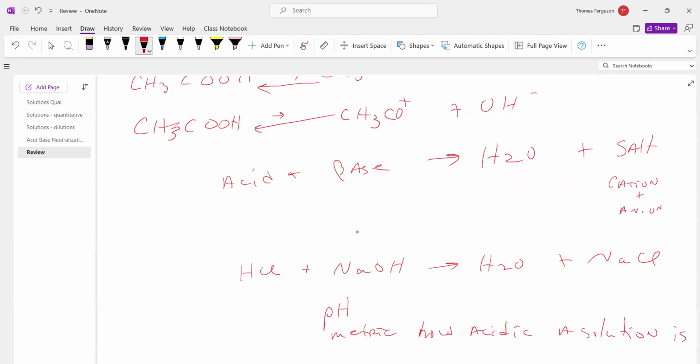And the definition of pH is you need to use a logarithm. So it's a negative logarithm of the hydrogen ion concentration. But all you need to know, pH is a metric. If there's a perfectly neutralized reaction, the pH is 7. So 7 is considered neutral, neither acidic nor basic.